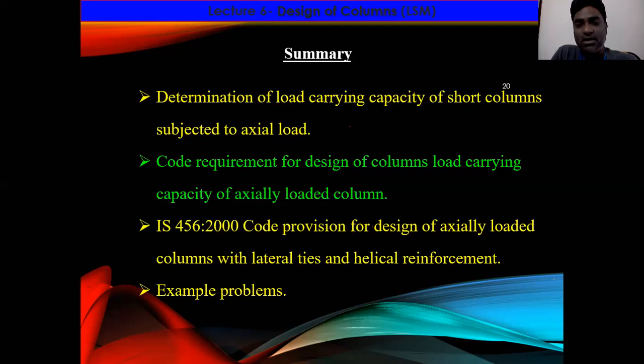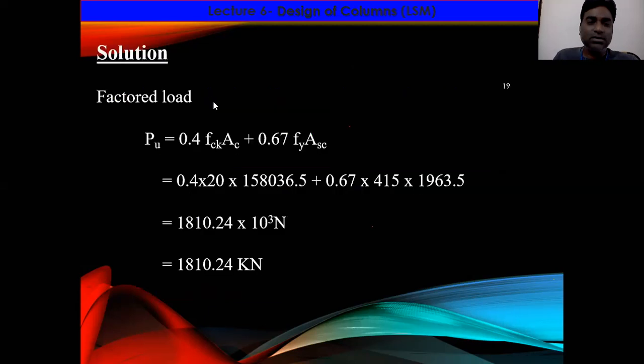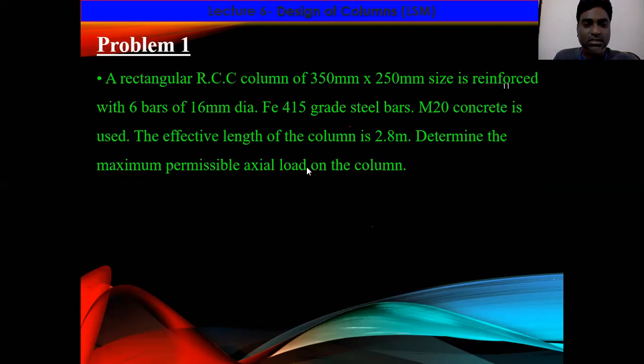But that 5% should be considered only if it satisfies the condition given in IS 456-2000, that is Vh by Vc should not be less than the formula. What is the formula?